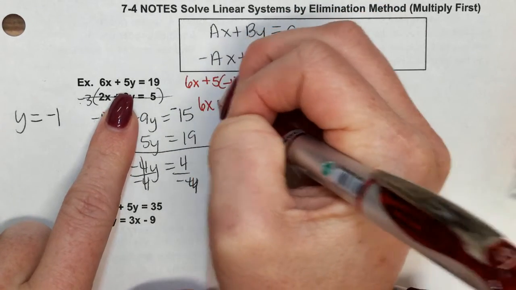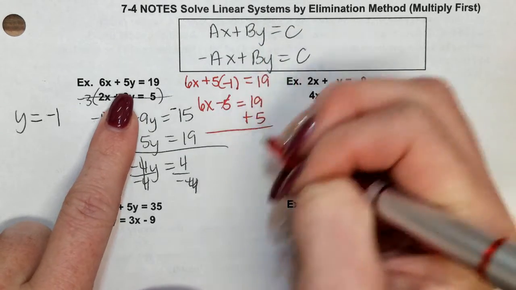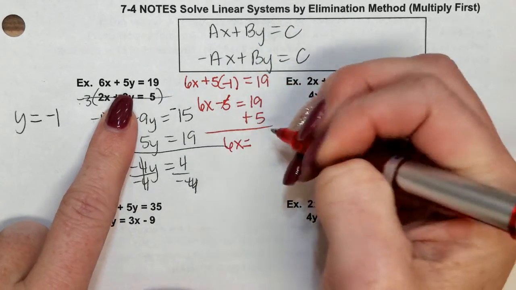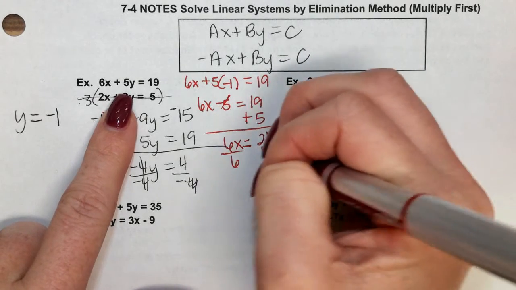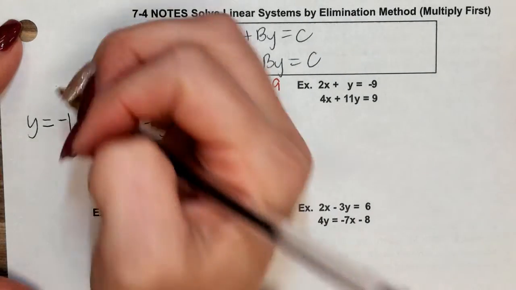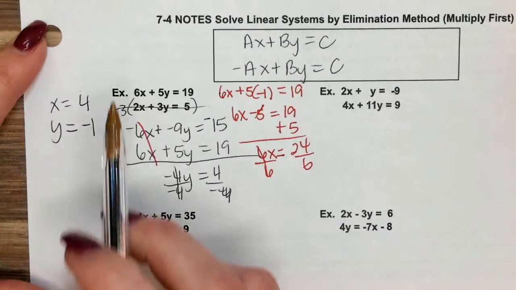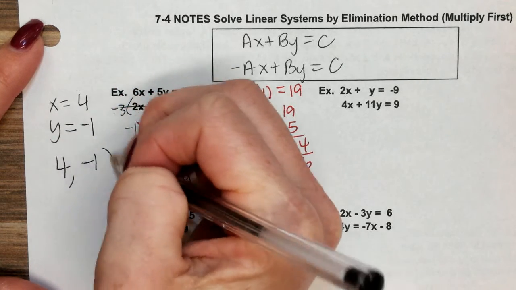So 6x minus 5 equals 19. So I'm going to plus 5, so I get 6x equals 24. And then divide by 6, and the value of x is 4. So you could either write your answer like this or as a coordinate 4 comma negative 1.